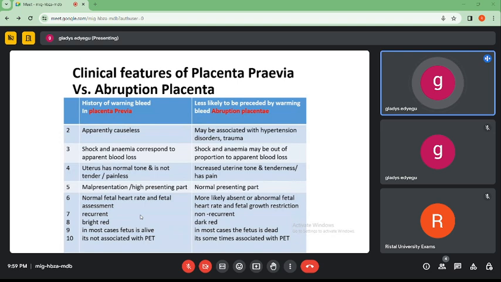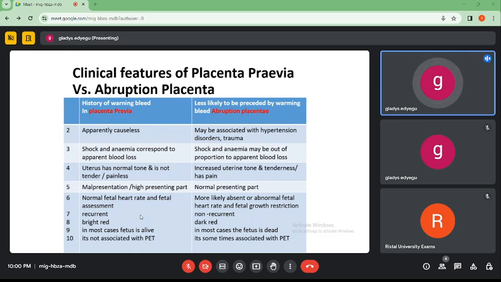The more the mother bleeds, the more she gets into shock, and you will know this is placenta previa. On the other side, shock and anemia may be out of proportion to the apparent blood loss. The mother has lost even little visible blood, but she is already in shock, meaning she can be having mixed or concealed bleeding.